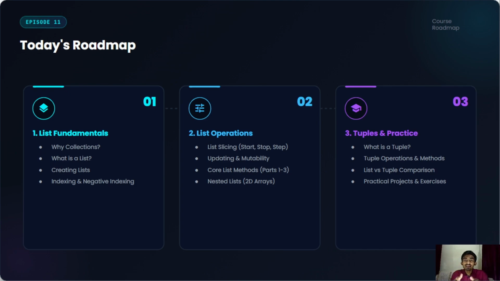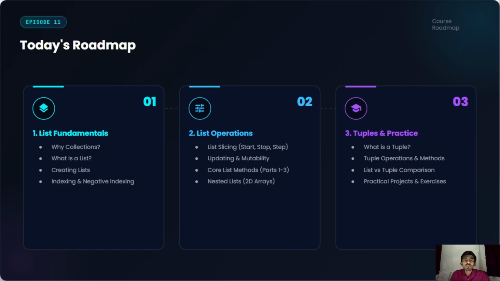Today, our lesson is majorly divided into three main categories. The first section contains list fundamentals. We will understand why collections are needed, what a list actually is, how to create a list, and how indexing works. In the second section, we will learn about working with lists. We will learn slicing, updating values, important list methods, and even nested lists.